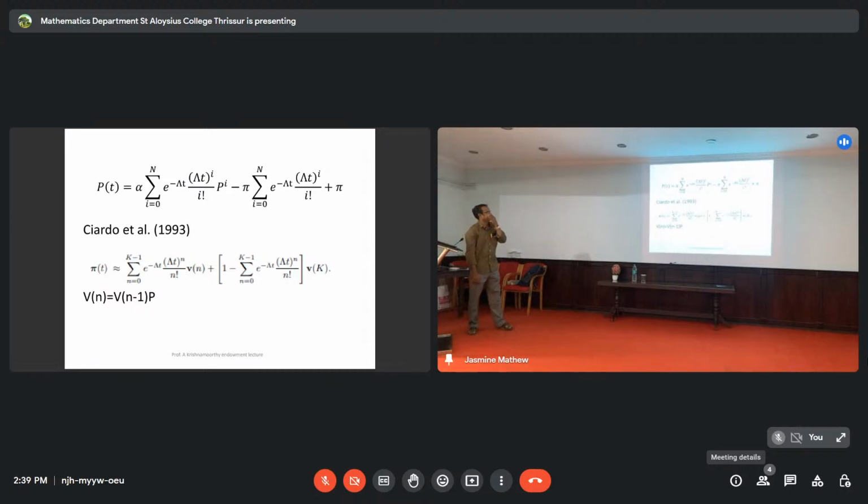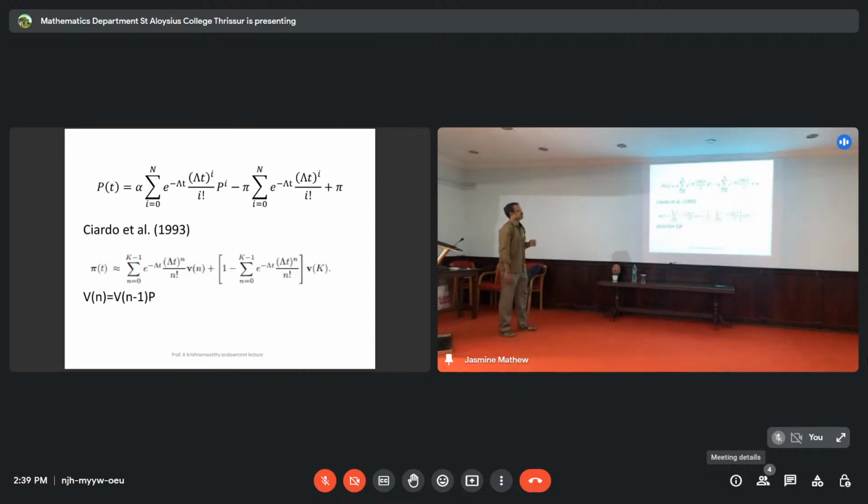In practice, when we evaluate the infinite sum, we truncate it at some level n. So when we truncate it, these two are different. This is different from 1, and therefore there will be an additional term coming into the picture.